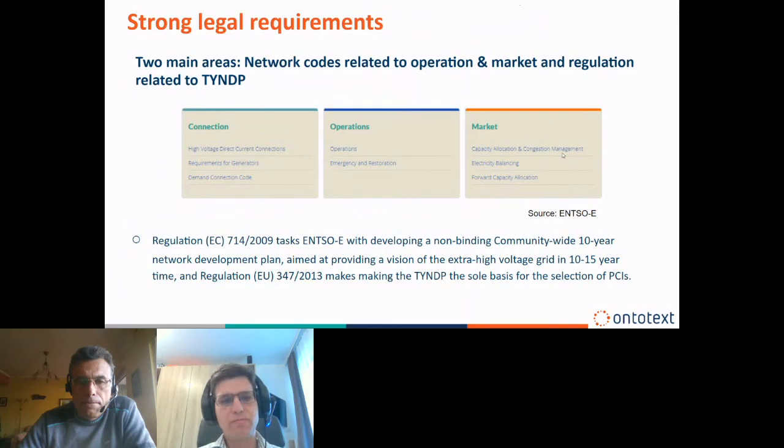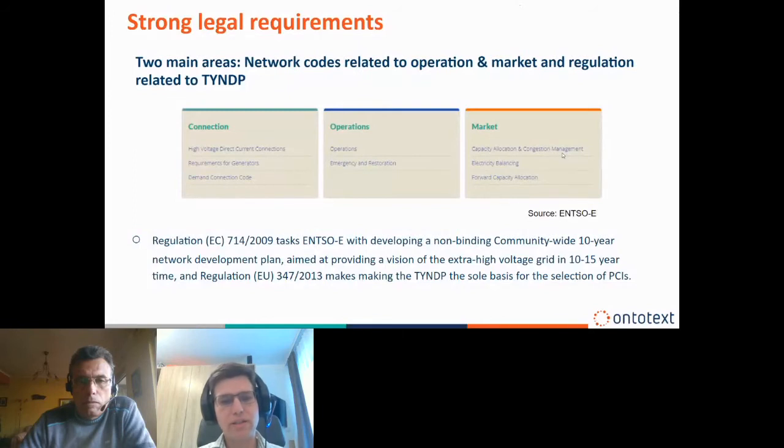And there were, besides many other things, two areas where a lot of data exchange requirements are defined. For example, the network codes. You see three areas here: the connection network codes, the operation network codes, and the market network codes. Each of those has a substantial data requirement background, and we will touch on this in the next slide.